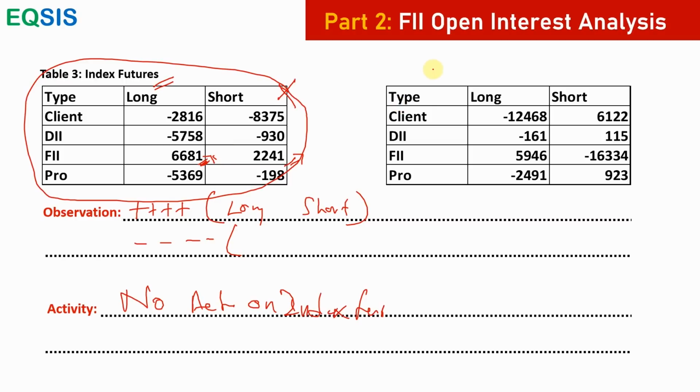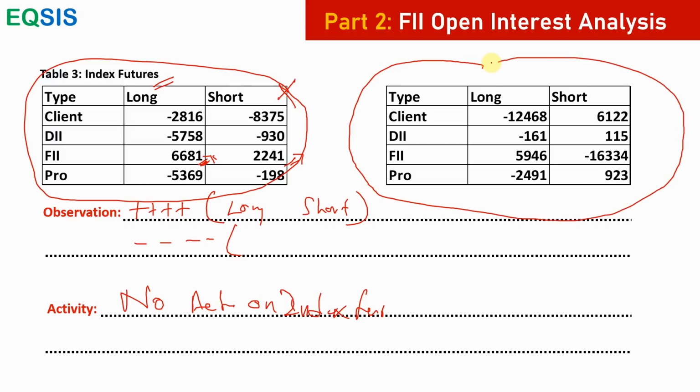But by any chance, if I get data like this, it is something which I should make use of and try to conclude. Because I hope you got clarity that any increase in open interest is primarily due to FII.